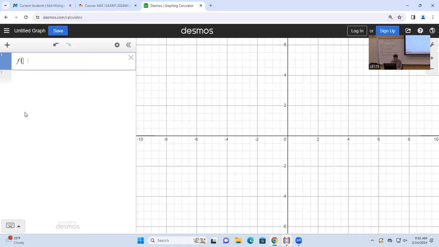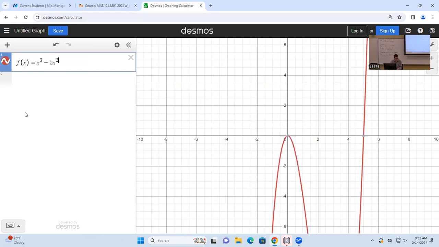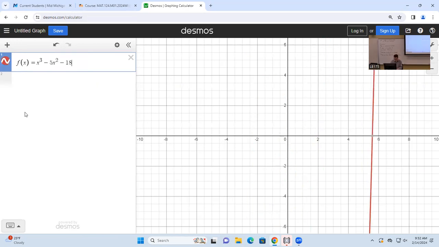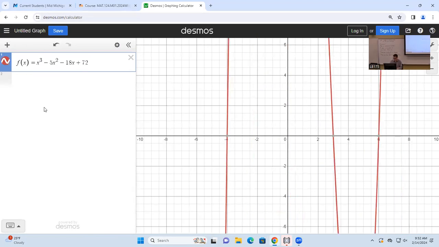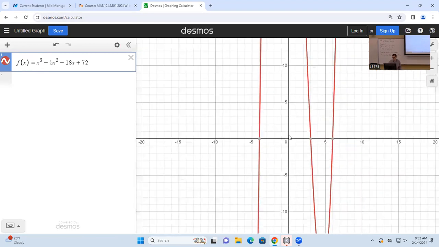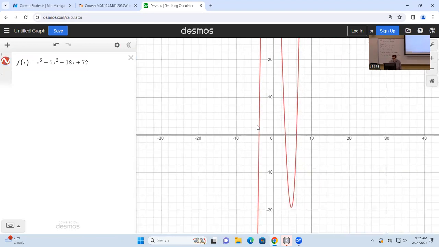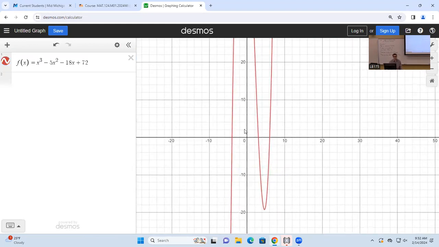Let's say I have a function, f of x equals x to the third minus 5x squared minus 18x plus 72. A lot of big numbers there. But if I say, what are the roots of this function?